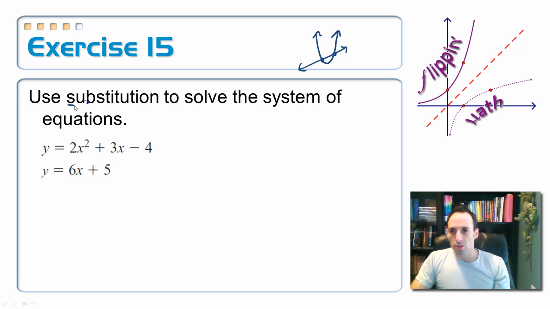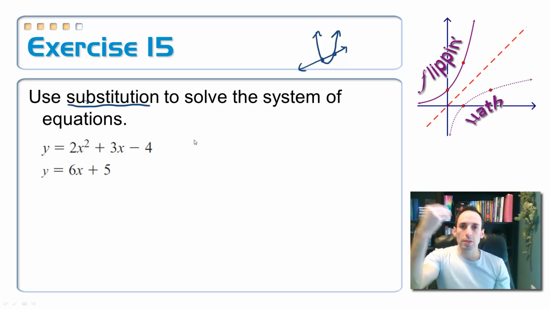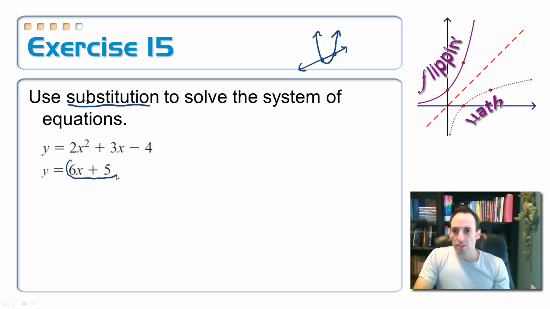So, and it says use substitution to solve this. Substitution, I take something out and stick something that's equal to in its place. Look, they're both solved for y, so I can take this 6x plus 5, which is equal to y, and stick it into y in that top equation. So I would have 6x plus 5 is equal to 2x squared plus 3x minus 4.